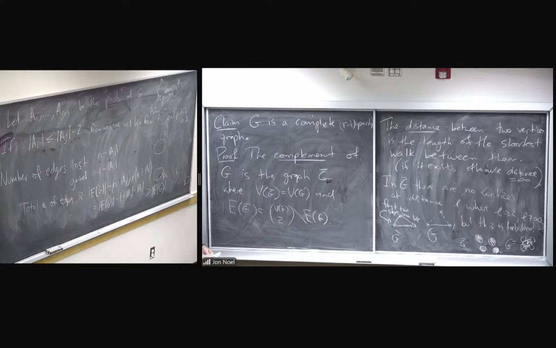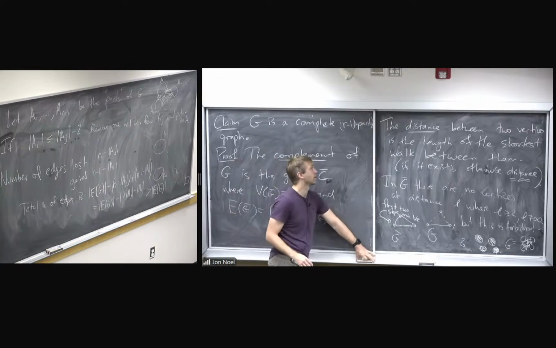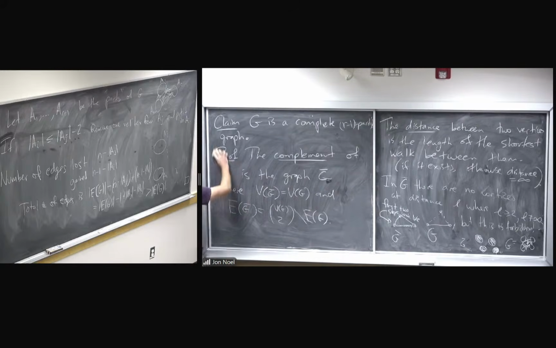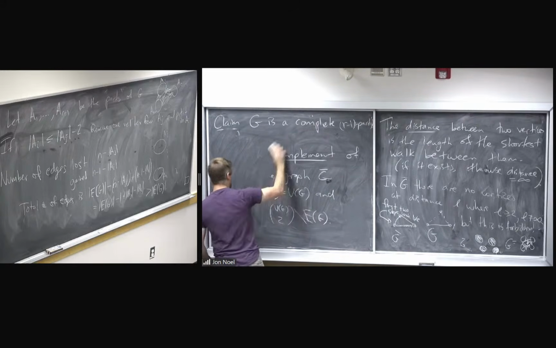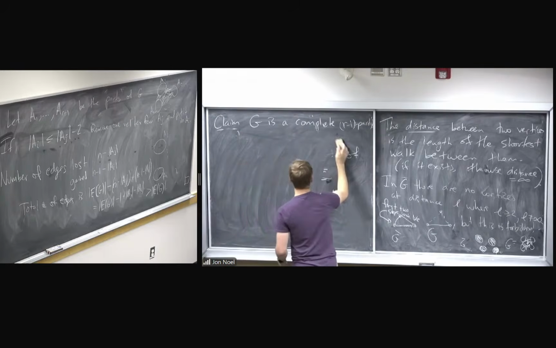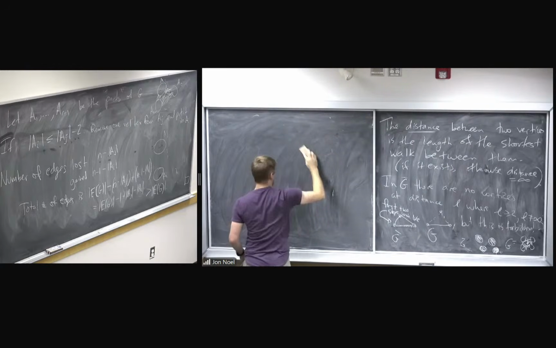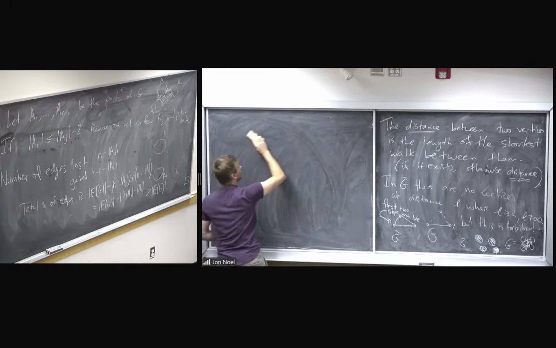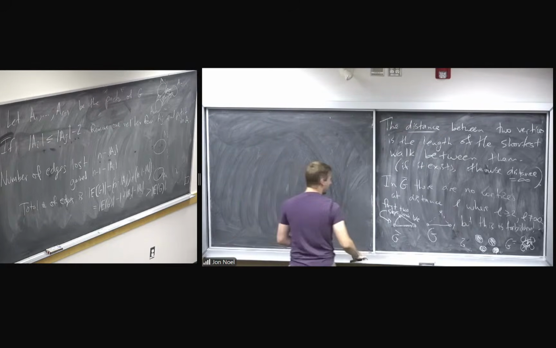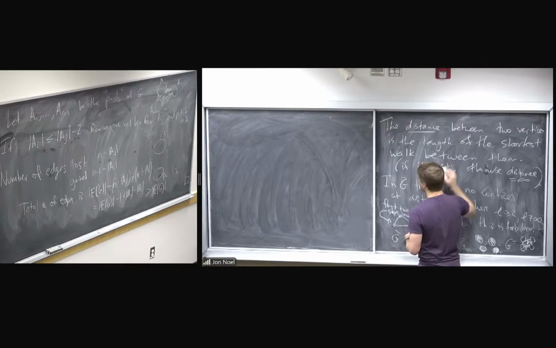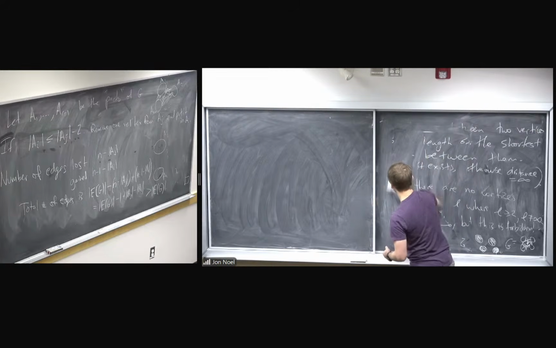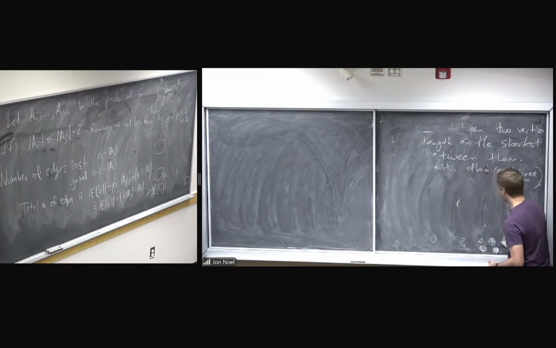Maybe I wanted to just spend a few minutes here foreshadowing what we're going to do next time. Both of these theorems give a nice answer for complete graphs. Things become a little bit more complicated when you're dealing with a general graph.